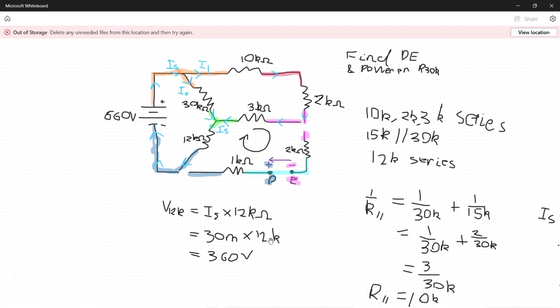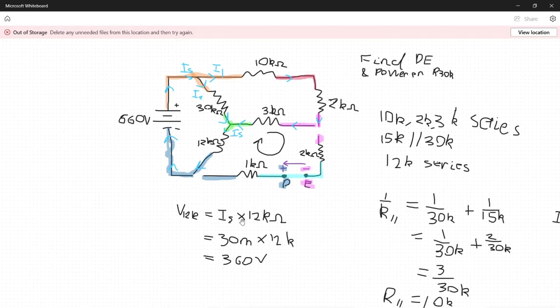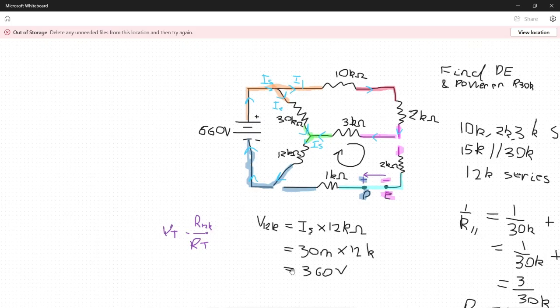Now, what we could have done, instead of using the Ohm's law for I times R, we could have said instead, this is equal to the voltage total times R12 over RT. We could have easily done that.